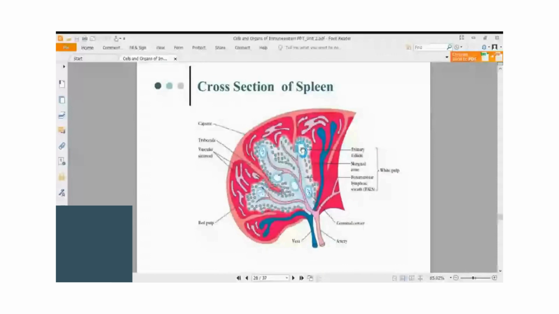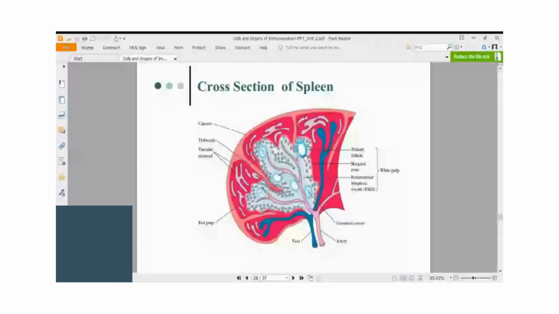Those are the professional antigen presenting cells. In addition, you would see in this follicular area follicular dendritic cells. I told you about that. And those follicular dendritic cells will also be responsible for the activation of B lymphocytes.